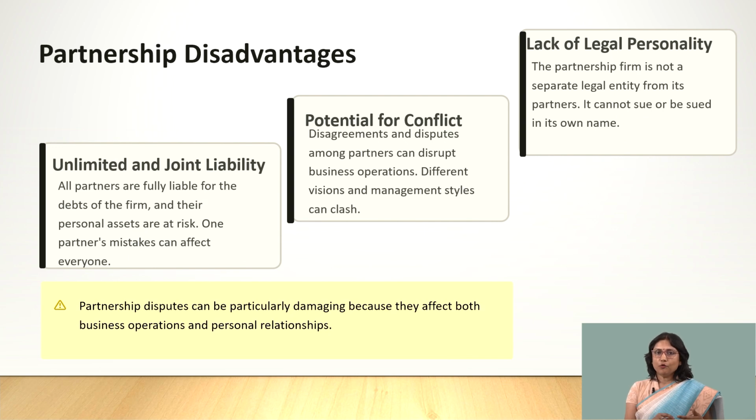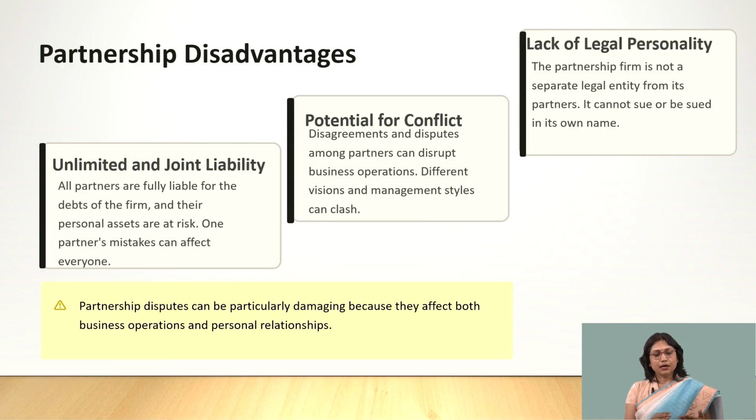Like two faces of a coin, we have some disadvantages as such. The first one is the unlimited and joint liability. For any financial obligation or for any duty related to the partnership business, every partner is individually as well as jointly responsible.